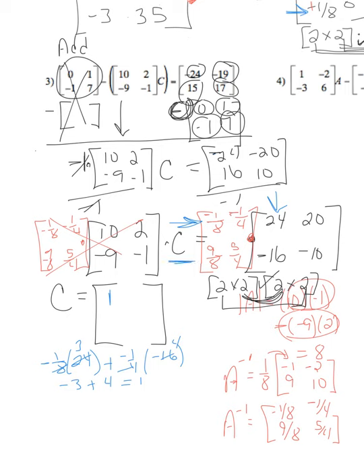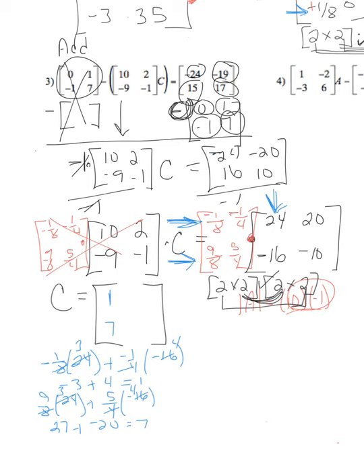Now I'm going to do this spot. How about the 9/8 row times the 24 column? So it'll be 9/8 times 24 plus 5/4 times -16. Okay, 8 goes into 24 3 times again, so 9 times 3 is 27, plus 4 goes into 16 4 times, so -20, so it looks like that spot is 7.